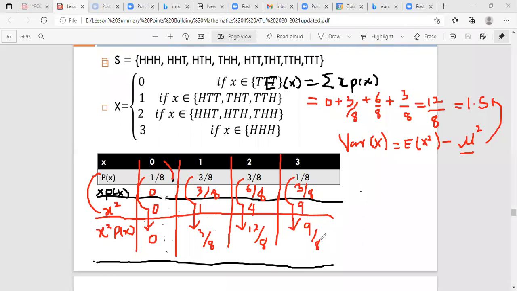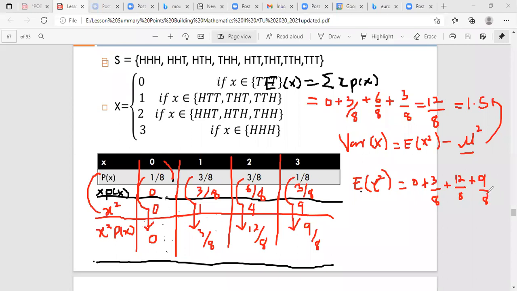Okay, so to get the expectation of x squared, you need to sum up the x squared times the p of x. So that will be 0 plus 3 over 8 plus 12 over 8 plus 9 over 8.